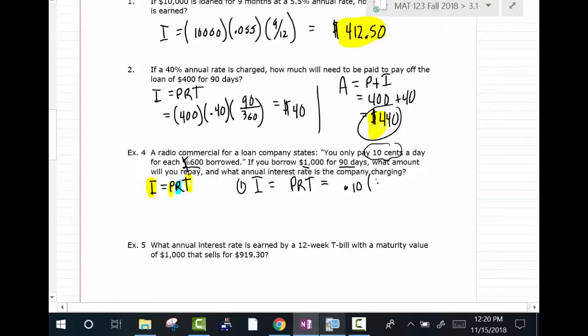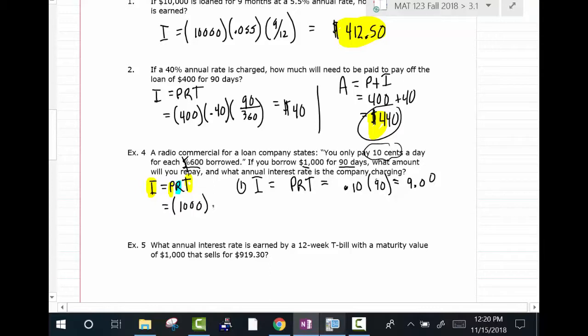Very good. So you have a 90-day loan, and it's 10 cents every day. That ends up giving you just $9. So for that 90-day loan, you're going to have $9. Now when you set this up, in our formula the principal would be 1,000.